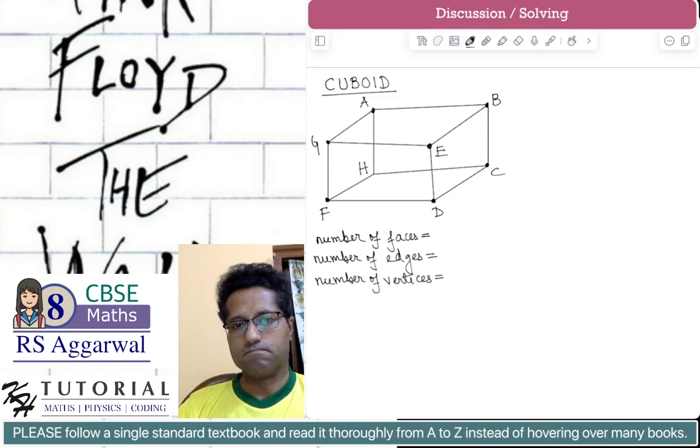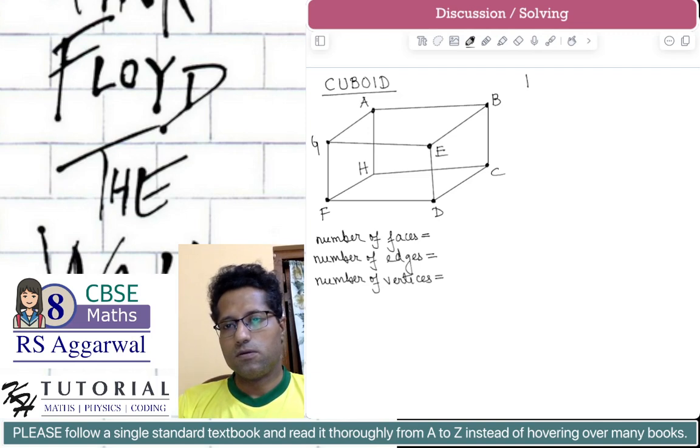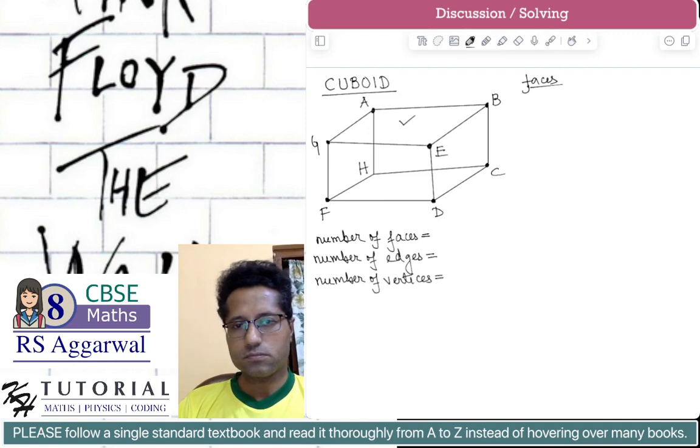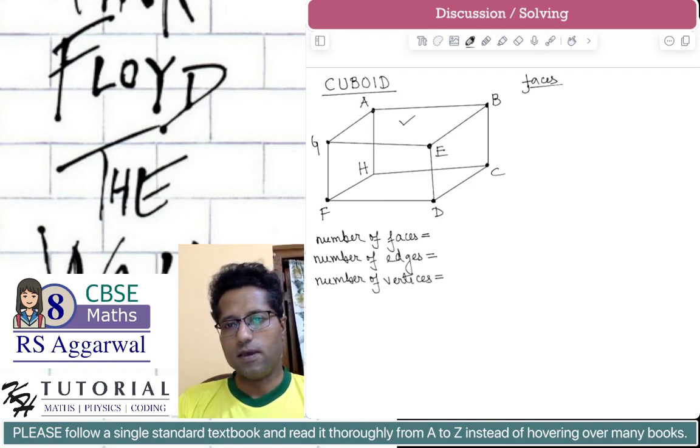Now let's first understand what the faces are. We will label each face by its vertices. If you consider this face, that is the top surface, this face is ABEG.